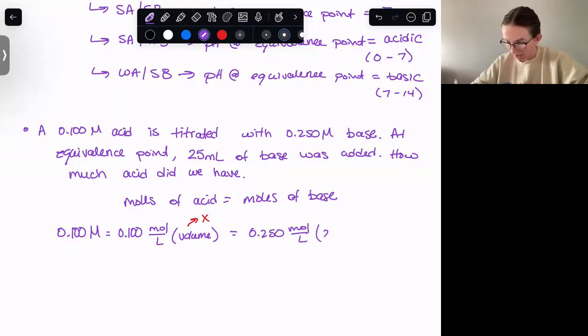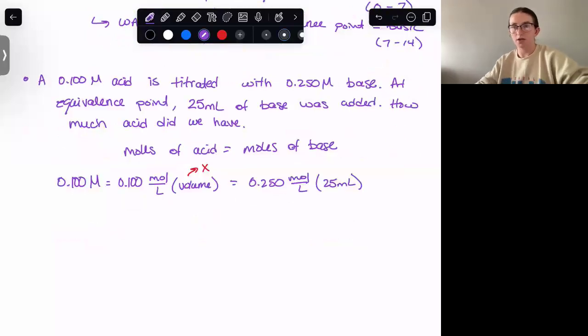We're given 25 milliliters. Do we need to convert our milliliters to liters in this case in order to solve for our volume of acid? Looking at our units or looking at what we might need to solve for.